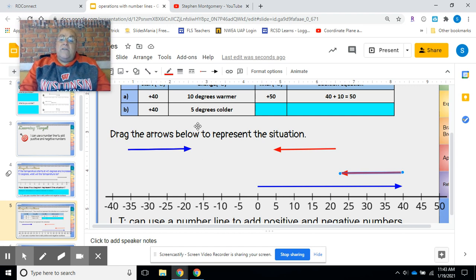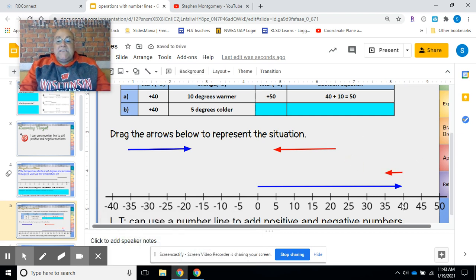However, it's only going 5 degrees. If I'm at 40 and I go 1 step, that is 5, because from 40 to 35 is 5 units. So I need to shrink my arrow so that it goes from 40 to 35. That's how you model it on the number line.